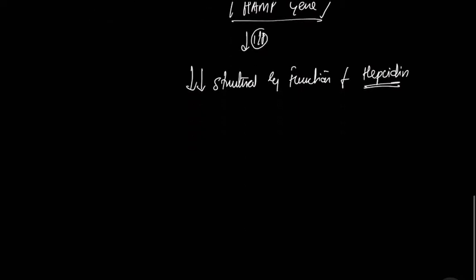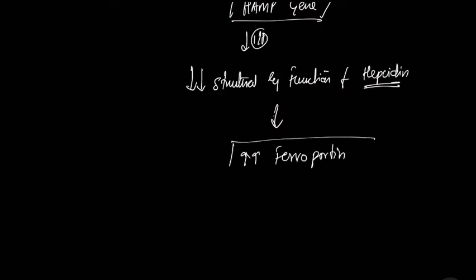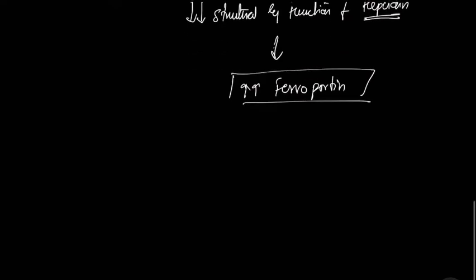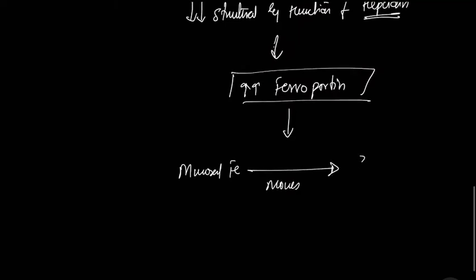All right. So this leads to increase in your ferroportin. All right. Now, because of increase in ferroportin, what happens is that your mucosal iron moves into your serum iron.